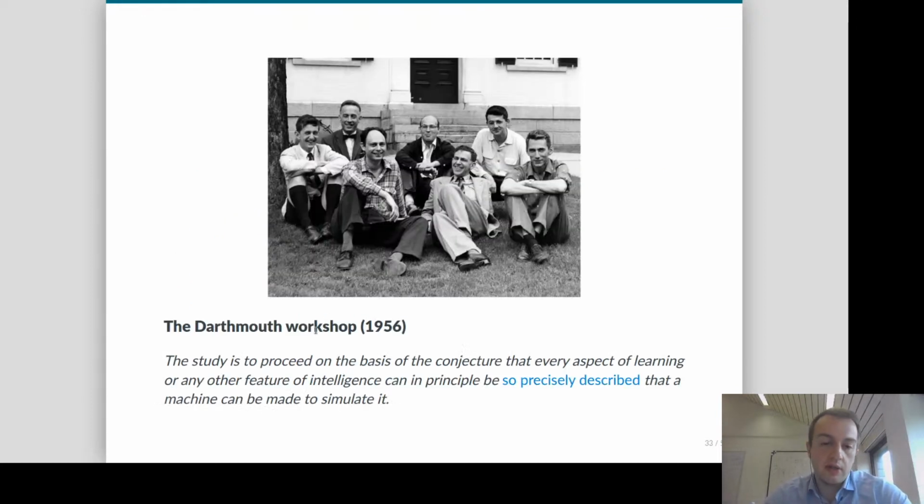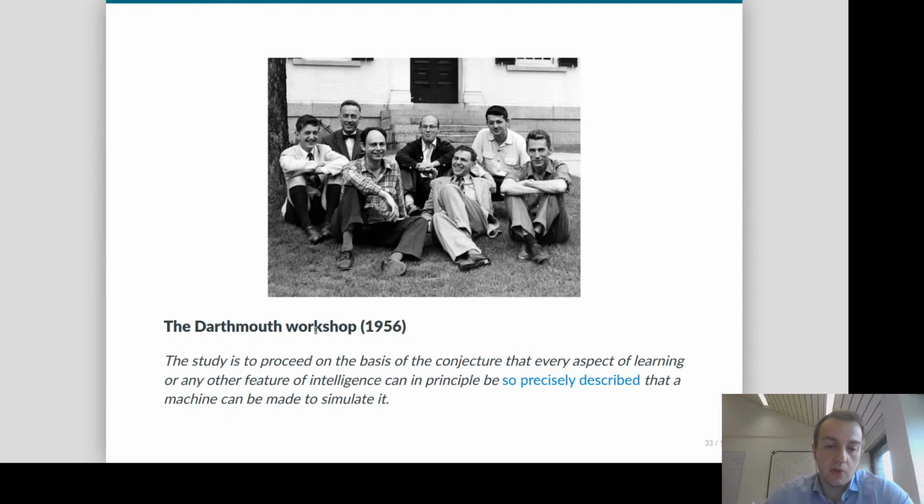I was mentioning this Dartmouth workshop, and I think it's interesting to perceive how they were conceiving artificial intelligence at the time. And I think it's still quite close to everything that I've been describing.